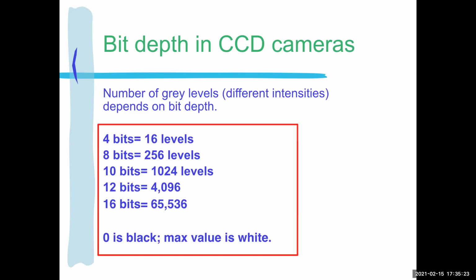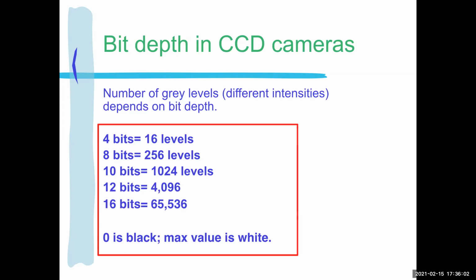And we always start with 0 as black, and then whatever the maximum value on your camera is, that's the max value. So a certain camera, let's say a 12-bit camera, which most of the cameras you encounter will be, will start with the value 0, which is true black, and then the gray levels will keep going until 4,095 actually, which gives you a total of 4,096 different gray levels that your camera is able to acquire.